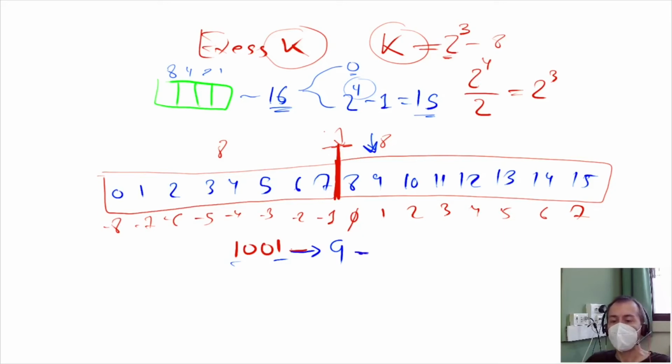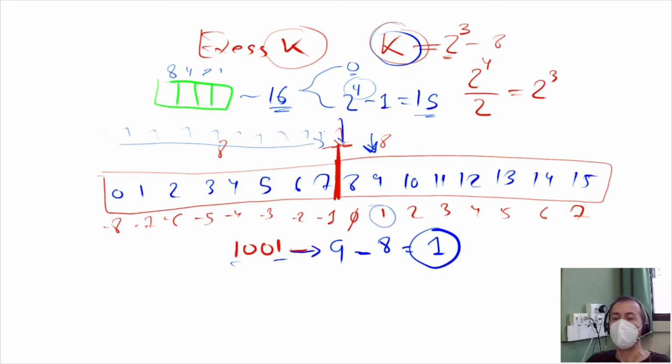We need to subtract the K. Because we have taken 8 numbers as negative, so we subtract 8, and this will be the number 1. Or it's the same as counting from here and starting to count positives at that position. So this will be the 1.